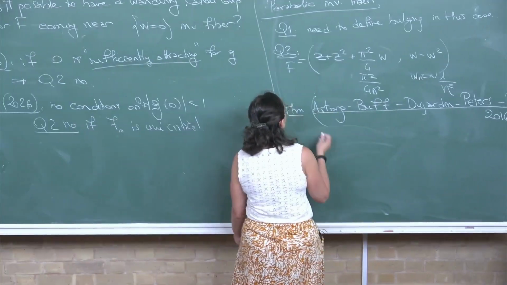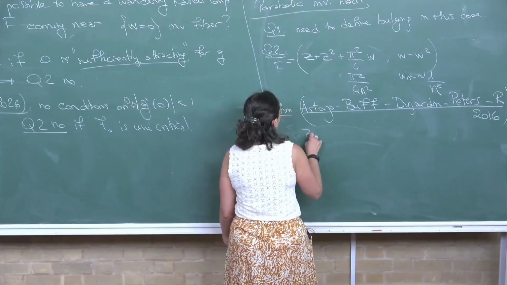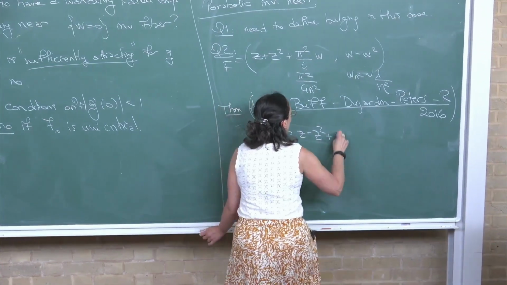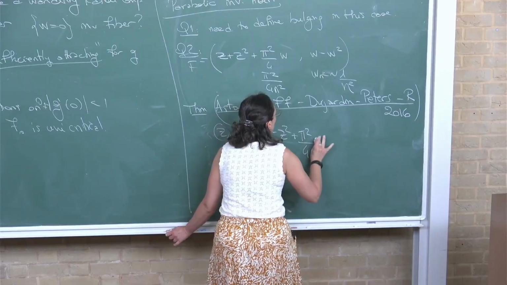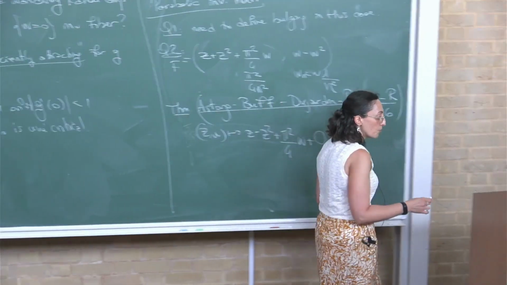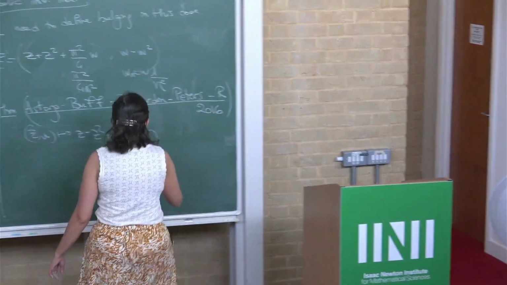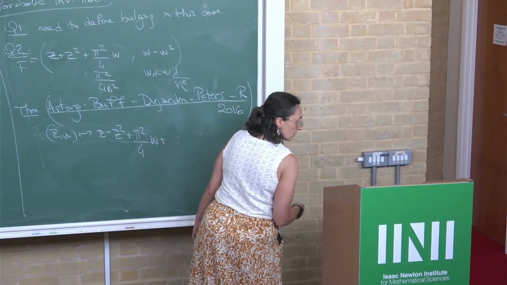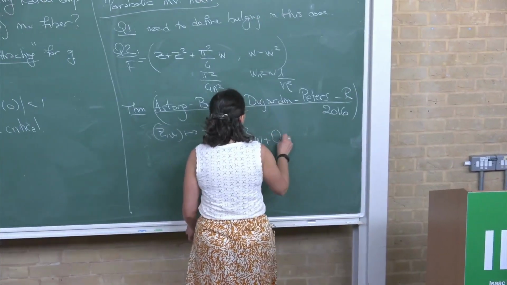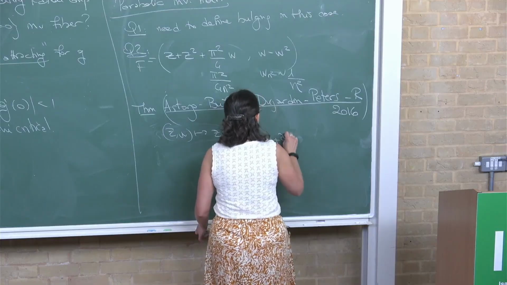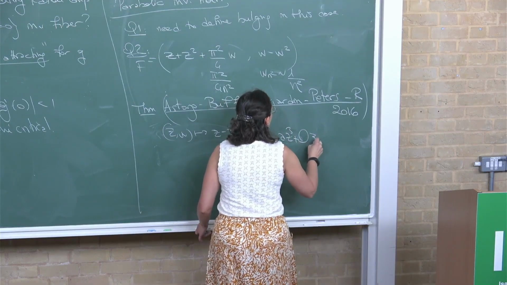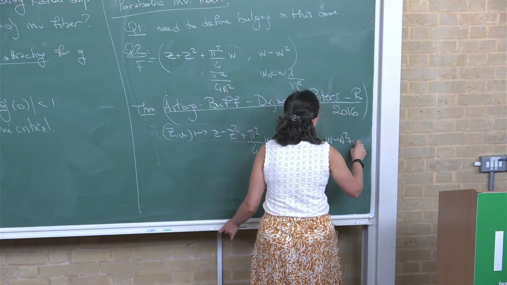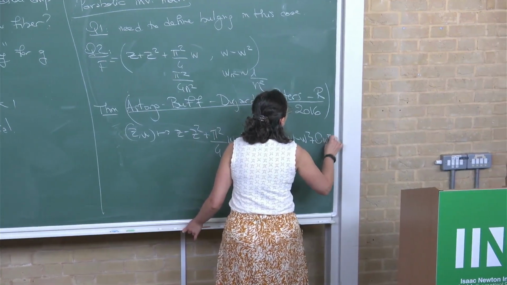But what we proved was that if you take (z,w) goes to z minus z squared plus pi squared over 4 w plus O3, plus a z cubed plus O3, and in here, minus w squared plus O(w cubed).